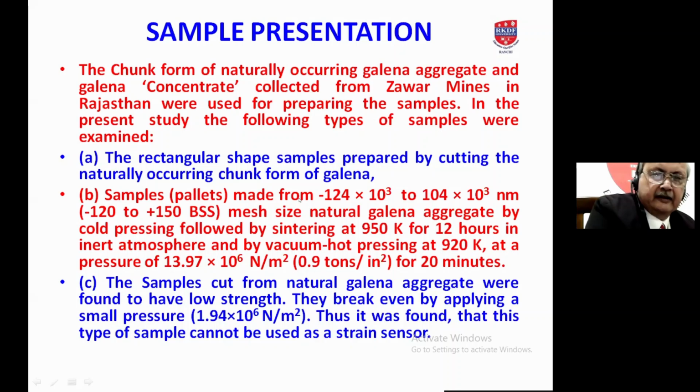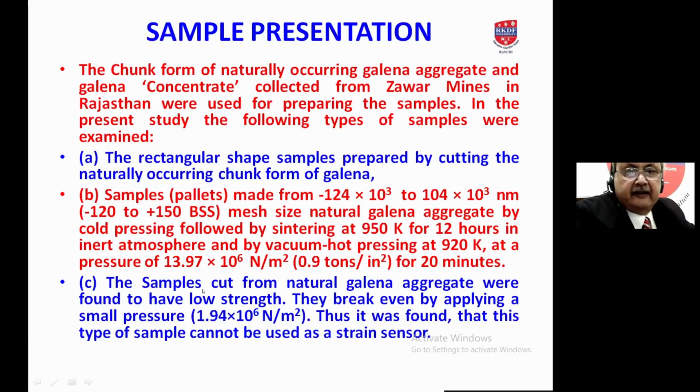The sample was prepared from 120 to 150 BSS mesh size natural galena aggregate, that is 124 into 10 to the power 3 to 104 into 10 to the power 3 nanometer, by cold pressing followed by sintering at 950 Kelvin for 12 hours in inert atmosphere, and similarly by vacuum hot pressing at 920 Kelvin at a pressure of 13.97 into 10 to the power 6 newton per meter square, that is 0.9 tons per inch square, for 20 minutes.